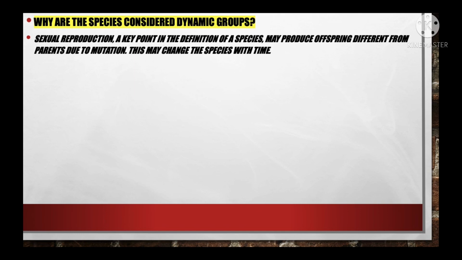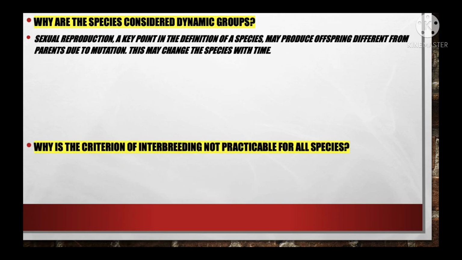So, a species is considered a dynamic group because it contains the maximum number of similarities among the different organisms that help to distinguish it from other species. Moreover, when we go from kingdom to species in descending order, the specificity increases in the hierarchy of classification.